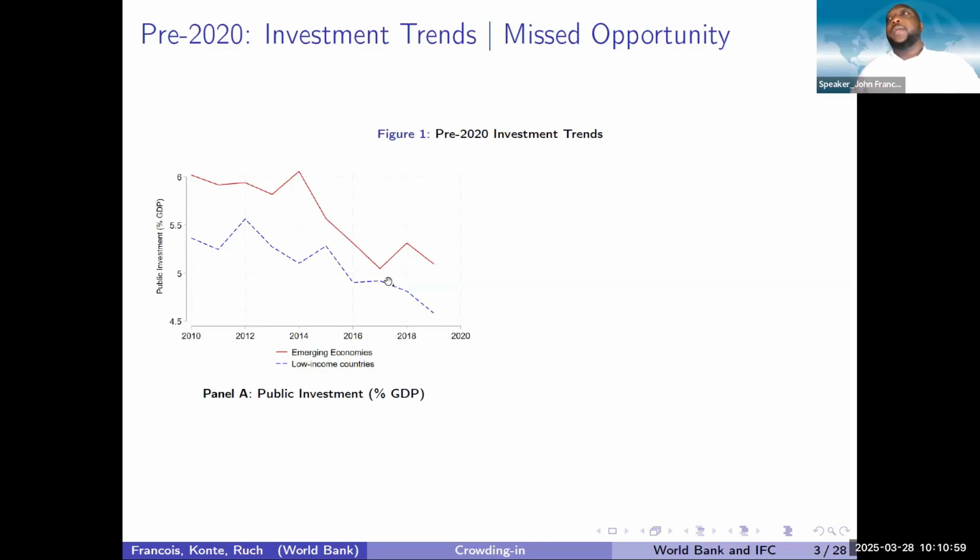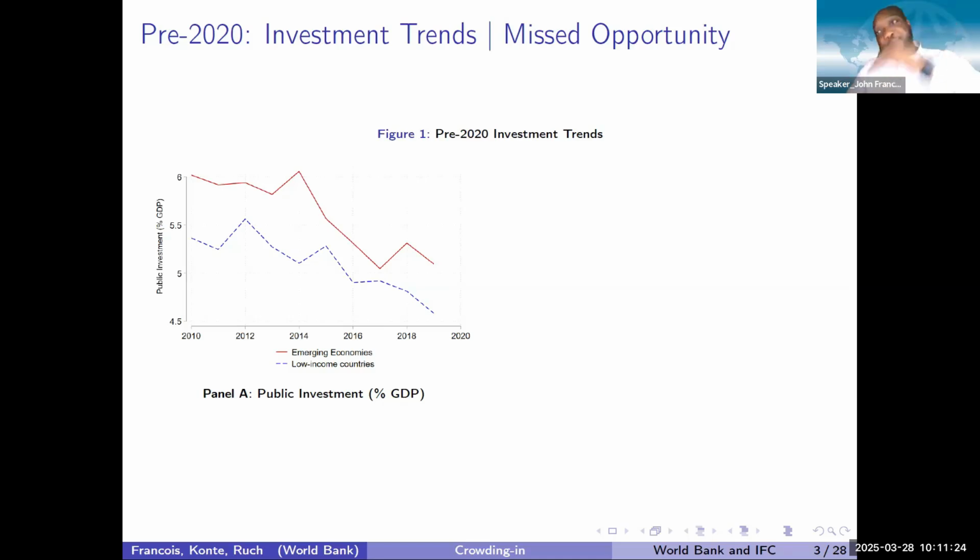Another telling point here in this graph is that the overall level, or the average level of public investment as a share of GDP in low-income countries compared to emerging economies is fairly low, right? It's lower. So there's two issues here. One, the level of public investment as a share of GDP is already low in developing low-income countries.